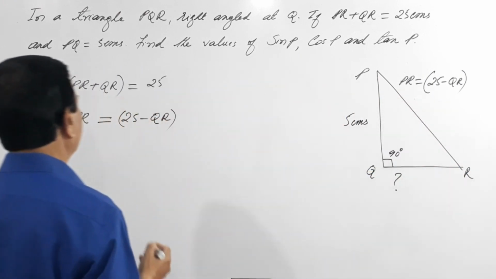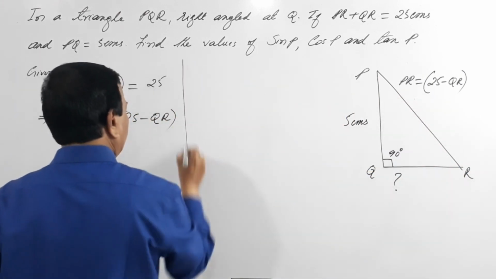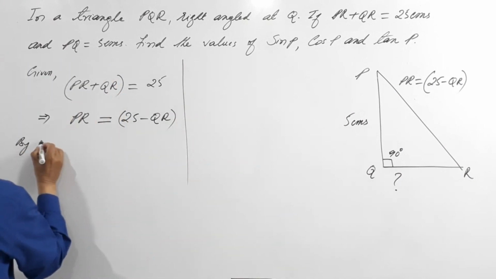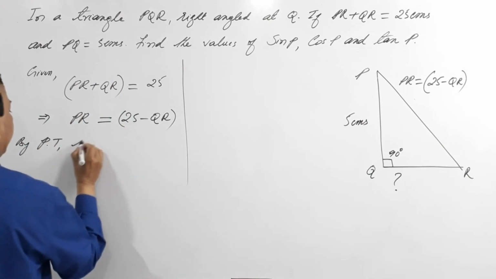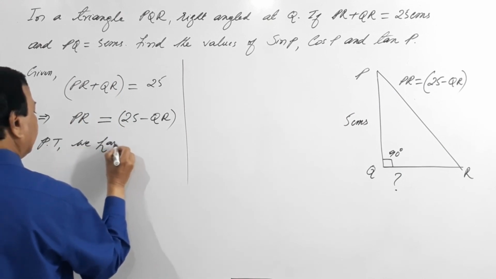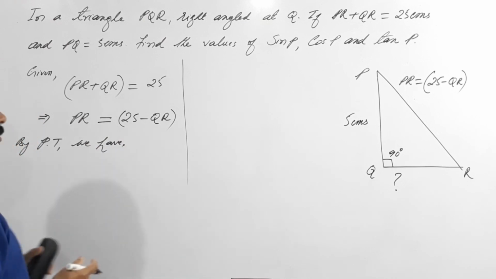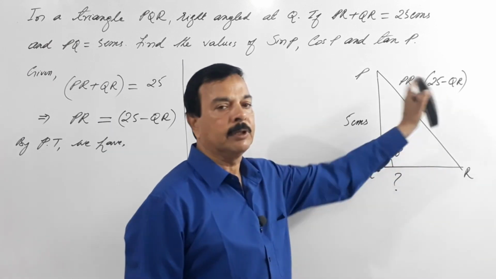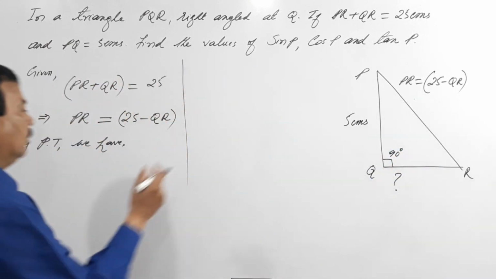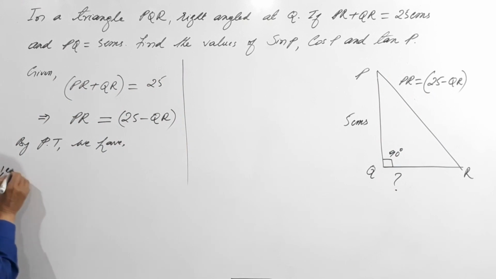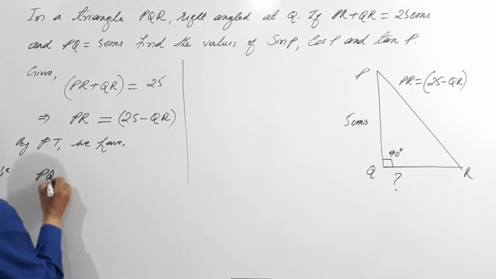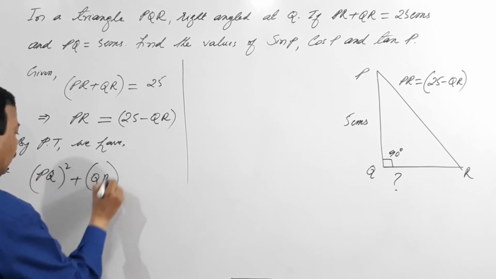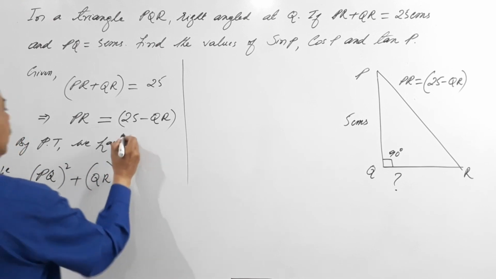So now I'll use Pythagoras theorem here. By Pythagoras theorem we have what? PQ square plus QR square equals this, isn't it? That is the right thing. So that is PQ square plus QR square equals what?